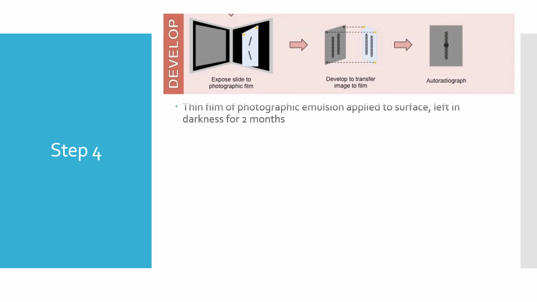In step 4, the thin film of photographic emulsion applied to the surface is left in darkness for 2 months. In those 2 months, the tritiated thymidine decays, so tritium, the isotope of hydrogen atoms in DNA, decays.